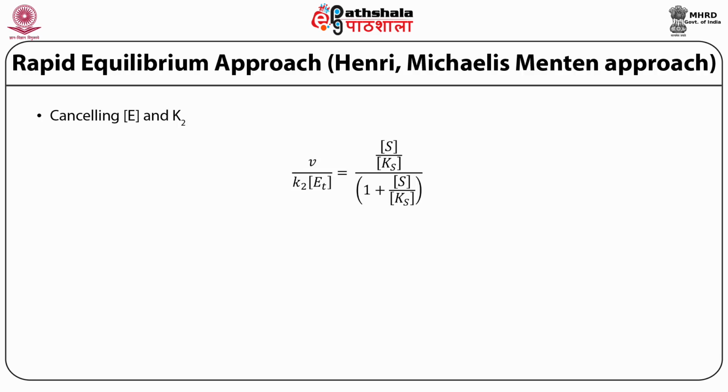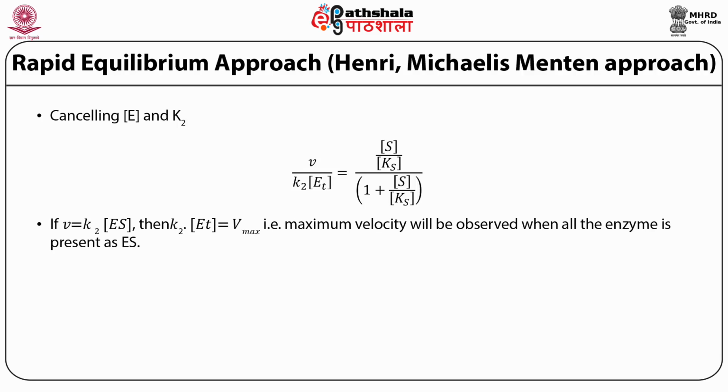We know that V0 is equal to K2 into ES complex concentration, and K2 into Et is the Vmax, because initial velocity depends on the concentration of ES complex. If all the free enzyme is converted into the ES complex, then you will reach the maximum velocity.